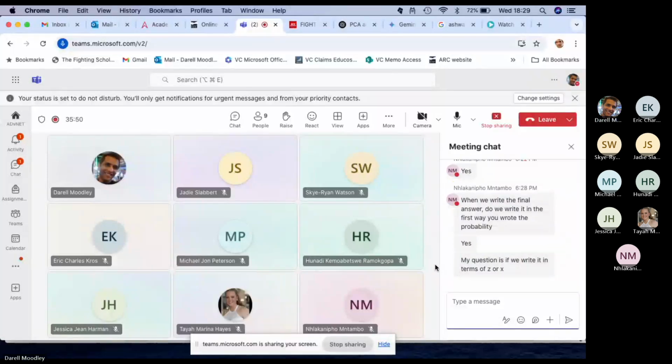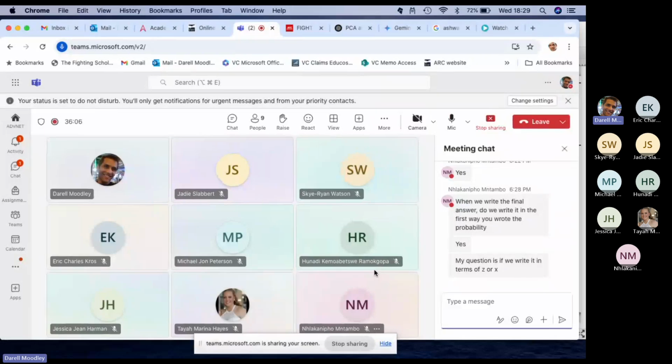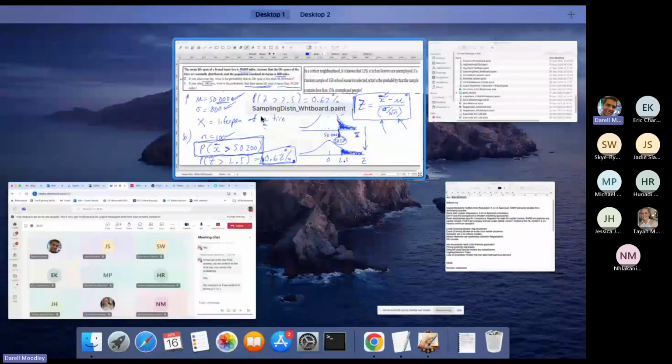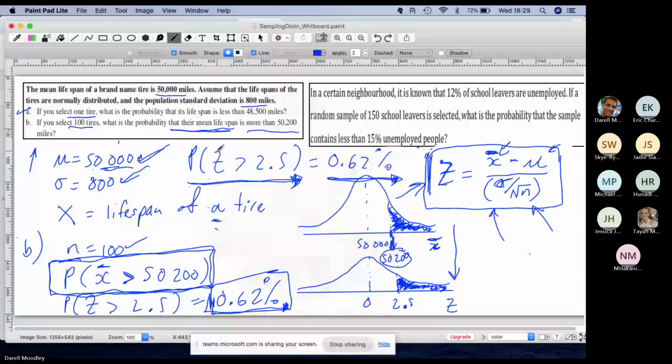Okay. Write it in terms of Z. There's another reason why you should write in terms of Z: say you get the final answer wrong, you will still get marked for each line of working. So if you show the step of the probability of Z here, you can get marked for it.